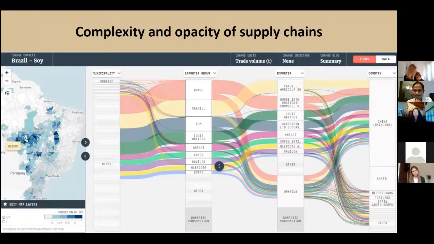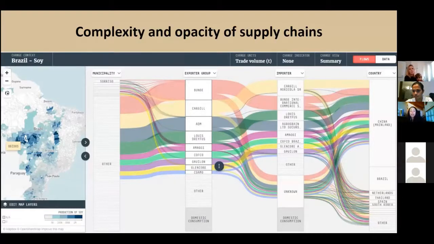And because of the increasing globalization of our economic system, supply chains have become very broad, encompassing different areas around the world, where the place of production of one commodity can be very far from the place where that commodity is consumed. And that has made supply chains very complex and very opaque, which is illustrated here in this flow diagram, which is a screenshot of the Trace platform, which John's going to tell you more about later on.